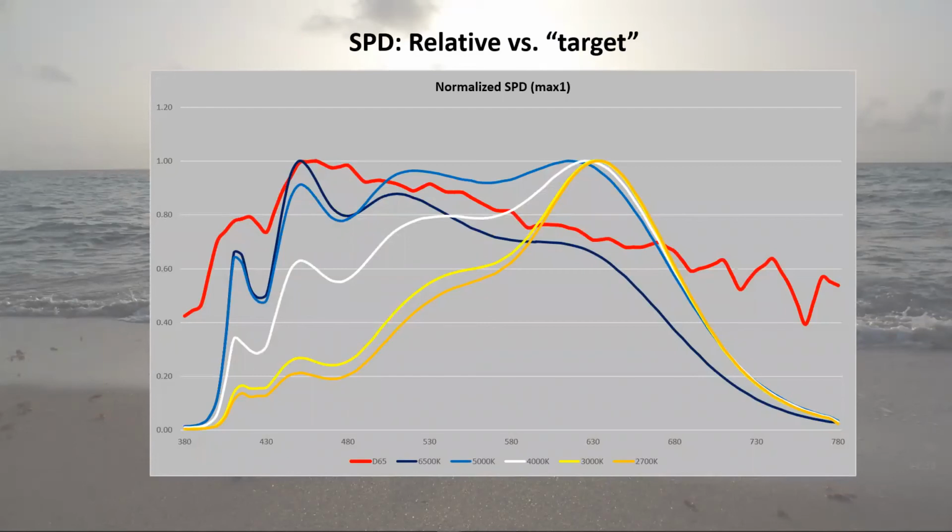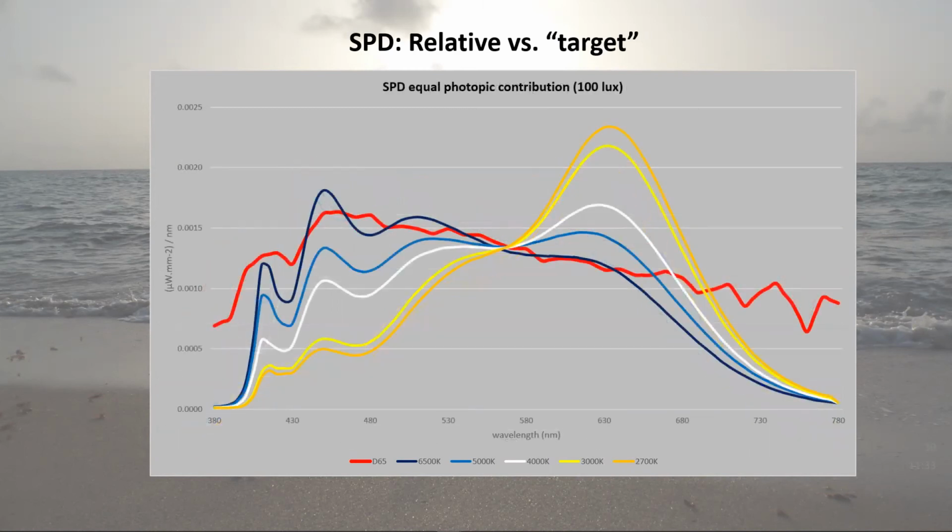What this slide is showing is that you can be confused depending on how you see the plots of the SPD. All the sources that we have been working with are plotted here in a normalized way with a maximum of 1. If we move into 100 lux, this is what you get.